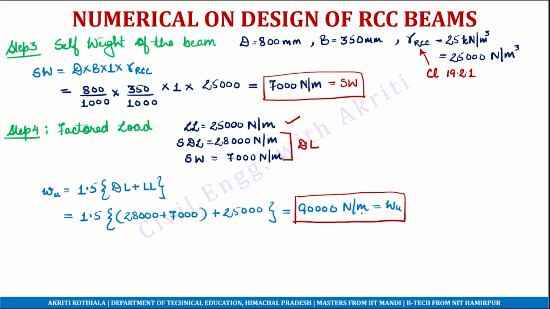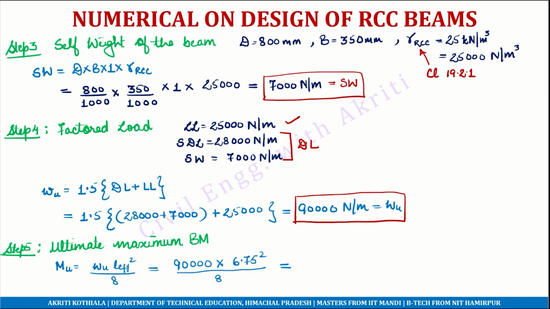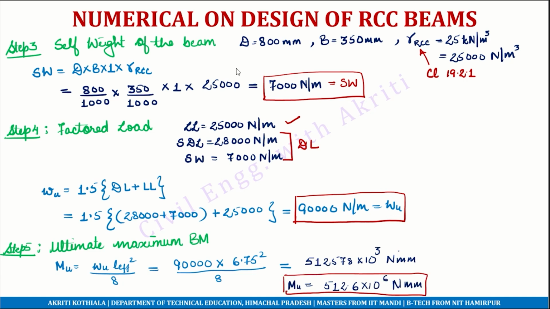Using this value, we can again calculate the maximum bending moment for the beam, which on substituting the latest value gives us 512,578 into 10 to the power 3 Newton millimeters, or we can simply write 512.6 into 10 to the power 6 Newton millimeter.